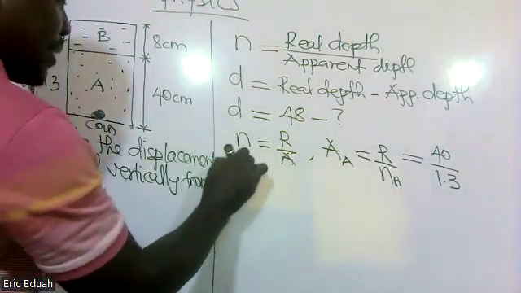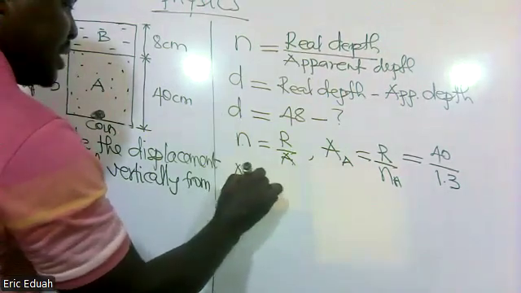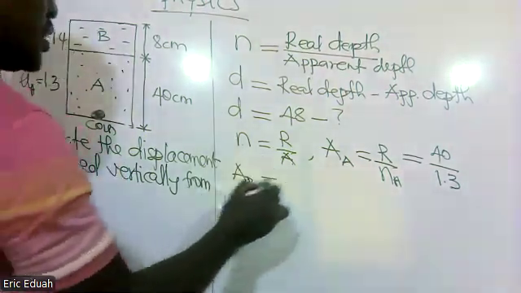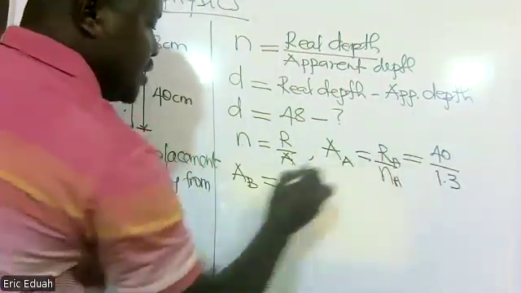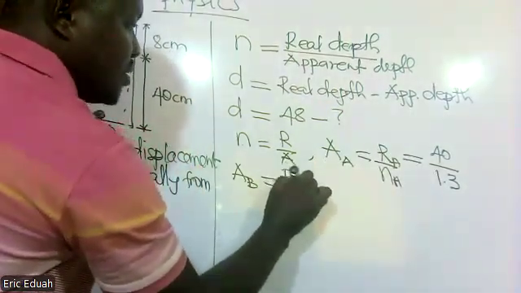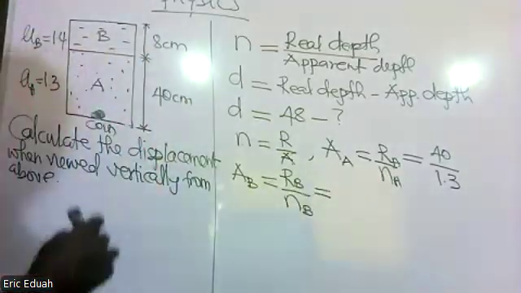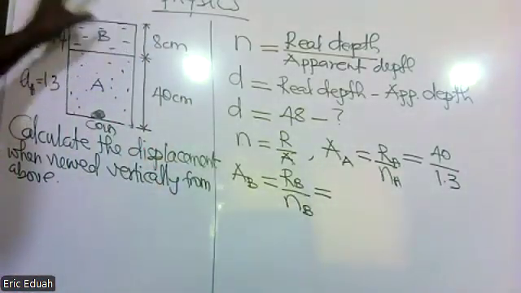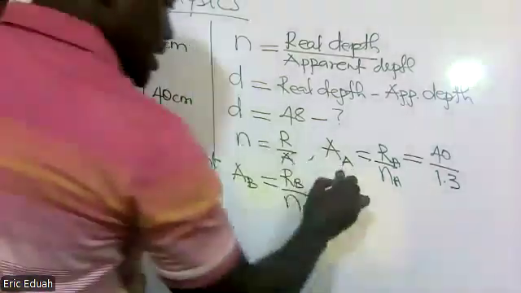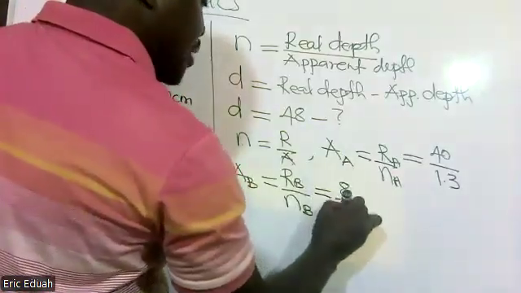Now, the apparent depth as viewed through B would also be equal to the real depth of B over the refractive index of B. So the real depth of B is 8, 8 on 1.4.